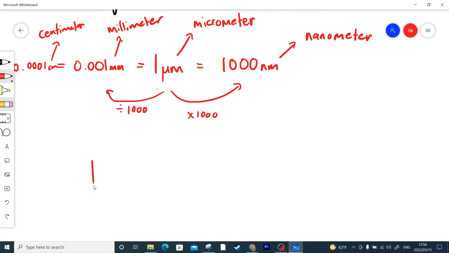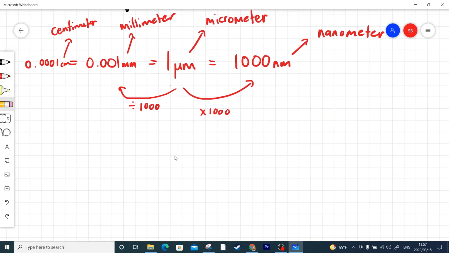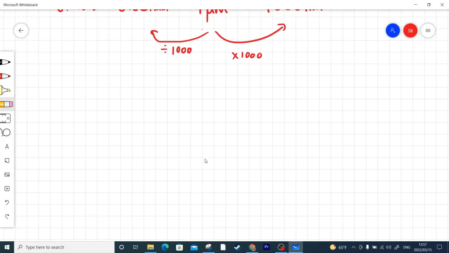I always like to memorize that 1 micrometer is the same as 1,000 nanometers, and it's the same as 0.001 millimeters. That basic 3 gives me enough information to be able to convert anything. Okay, so that's the first thing we have to start off with in this lesson, converting. And I'll show you some examples where they ask you to convert.